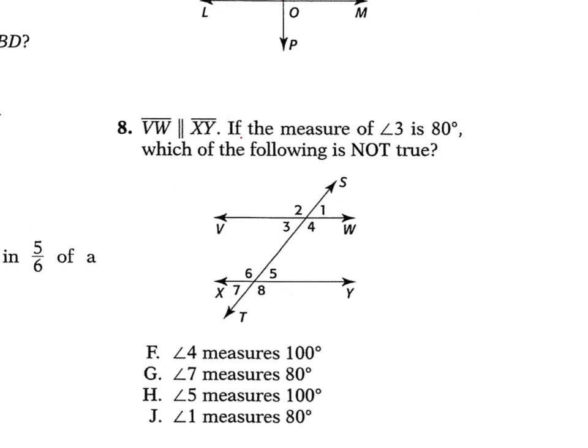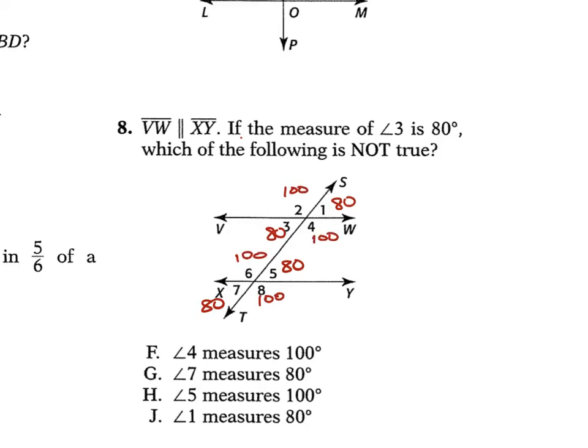For 8, it tells us that the line VW is parallel to the line XY. If the measure of angle 3 is 80 degrees, so that's 80 degrees here, which of the following is not true? Well, angle 1 is going to equal 80 degrees, angle 5 is equaling 80, and so is 7. That means that 2, 4 is 100. Same thing with 6 and 8.